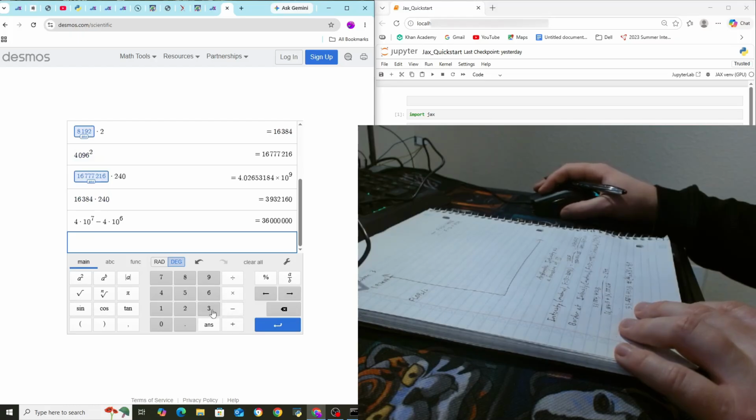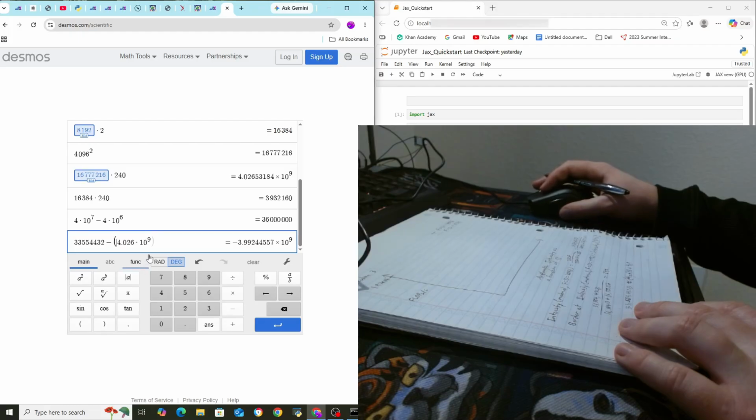Let's check out the actual numbers just to be certain. 33,554,432 minus this number, right? Minus 4.026 times 10 to the 9. Oh, this is the wrong one. Did I do something wrong?